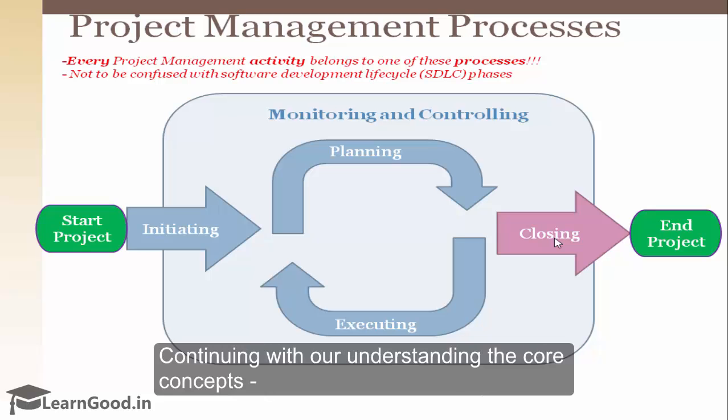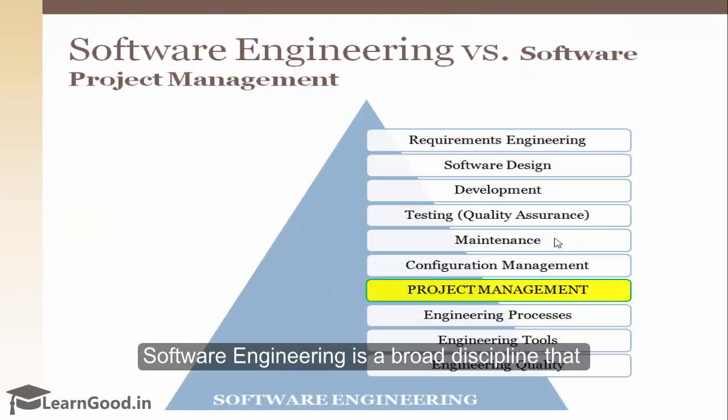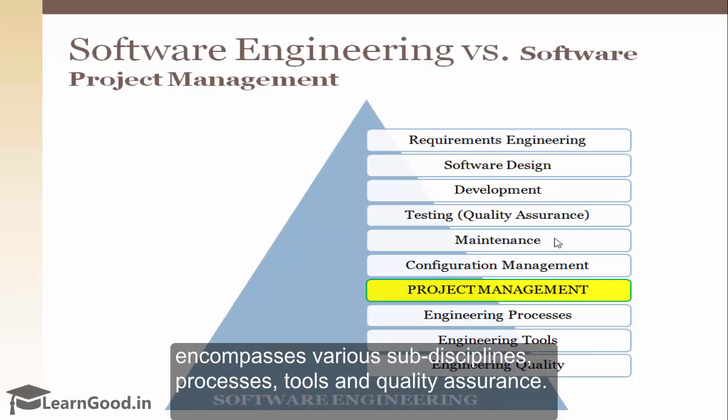Continuing with our understanding of the core concepts, I want to now show you the relationship of project management to software engineering. Software engineering is a broad discipline that encompasses various subdisciplines, processes, tools, and quality assurance.